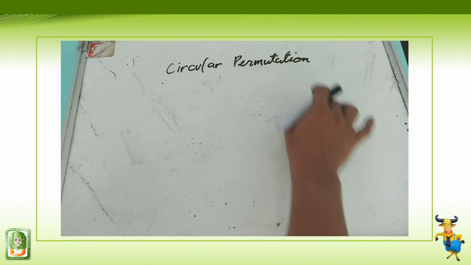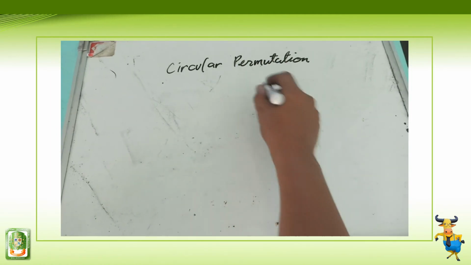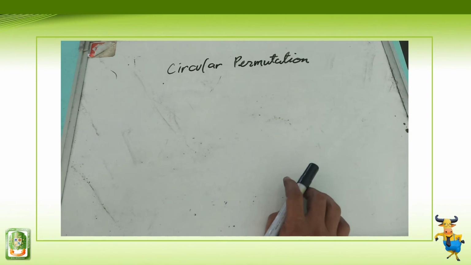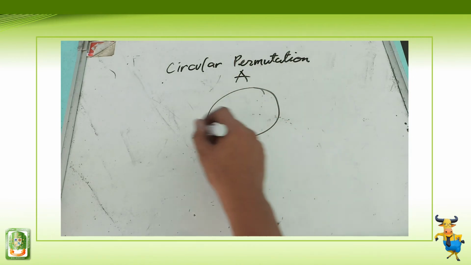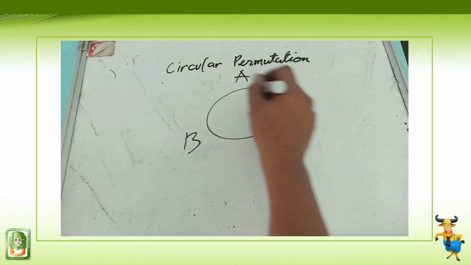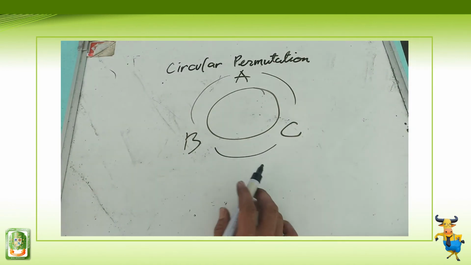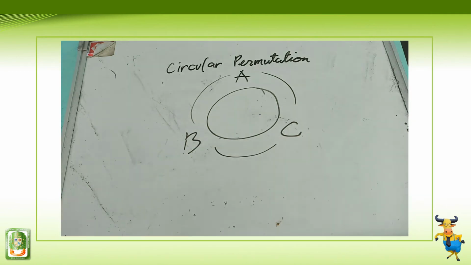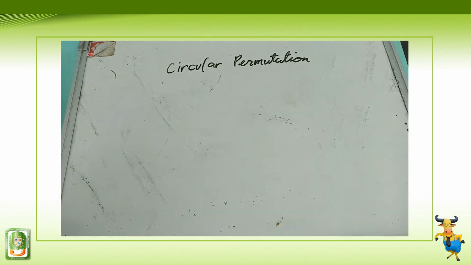So, ibig sabihin, in a circular pattern, pabilog, either clockwise or counterclockwise, ang tawag po doon, the circular permutation. Halimbawa yan, A, B, and C. Kung paano natin i-arrange siya, papalit-palit, paikot-ikot. Okay? So, circular permutation.